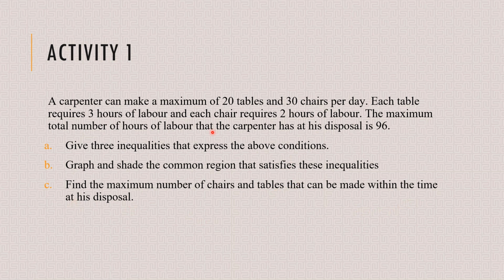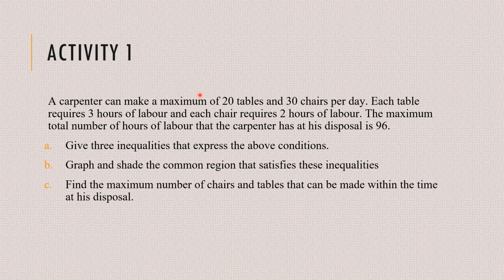When you look at this problem, the variables for us to be able to solve it are table and chair. Then we also have constraints. The constraint is the limitation. Here a carpenter can make a maximum of 20 tables. So when I take the variable table, the maximum that I can get for a day is 20.